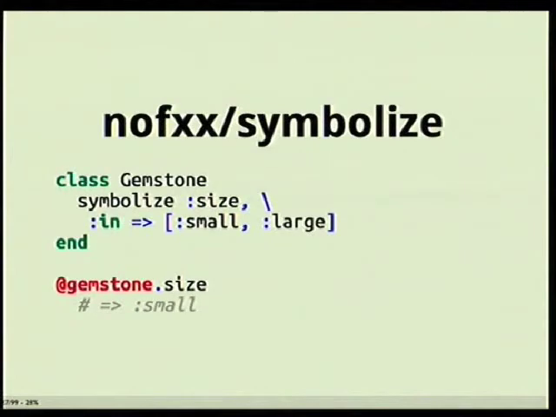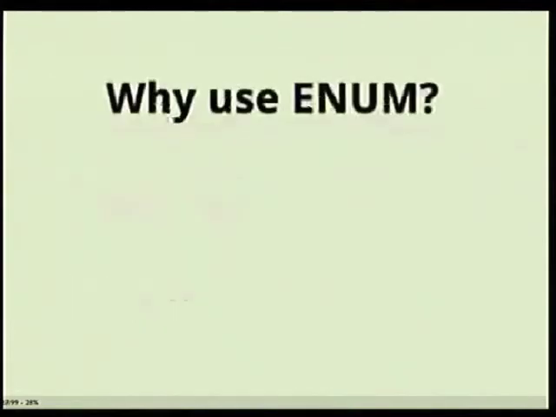So it's very nice, and really, a lot of the time you're going to be better off going with something like this. There's a bunch of other plugins as well that do varying degrees of this same kind of stuff, either validating what values are allowed, or turning it into a symbol, or whatever. But maybe you do want to use enum. Maybe you want it for performance reasons.